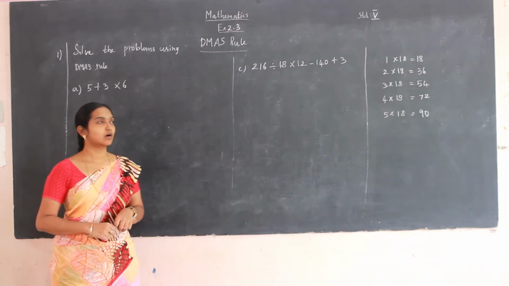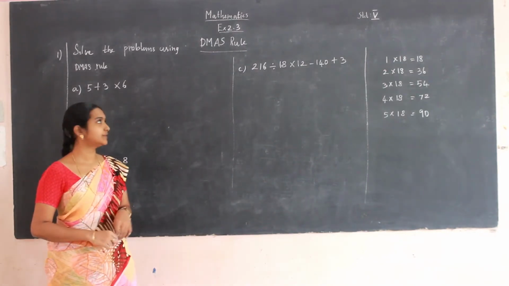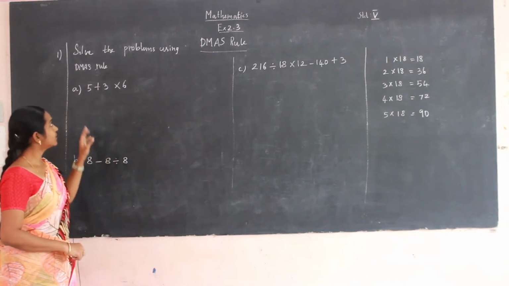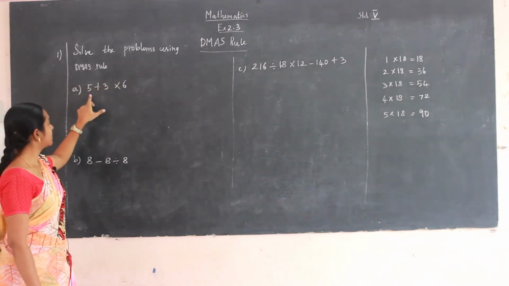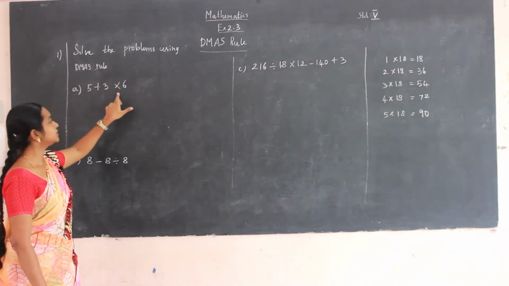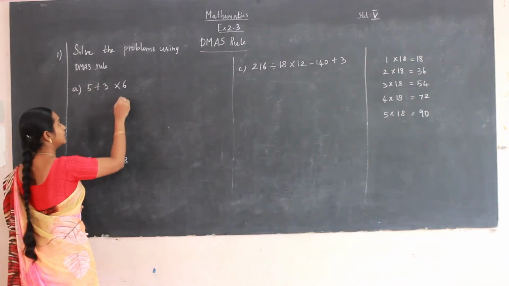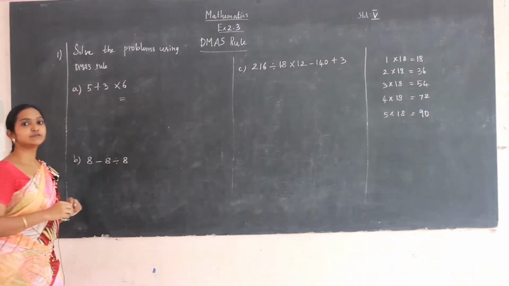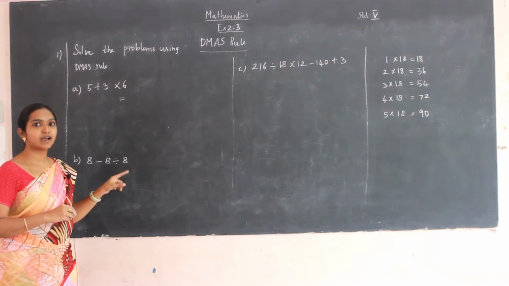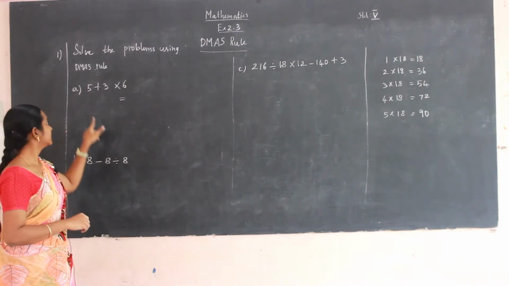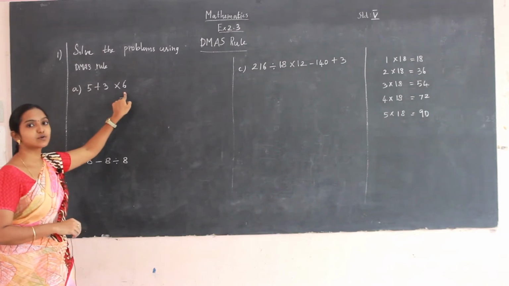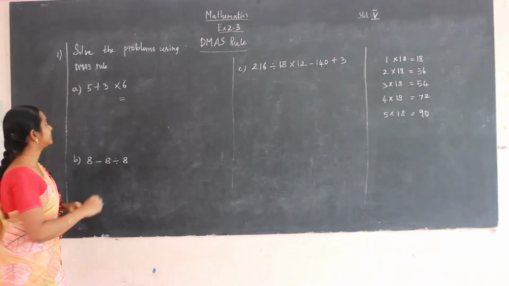Now we are going to solve exercise 2.3. The first one is solve the problems using DMAS rule. The first one is 5 plus 3 into 6. What we have to do first? First we have to divide, then multiply, then add and then subtract. Here division is not given. So first we have to multiply.